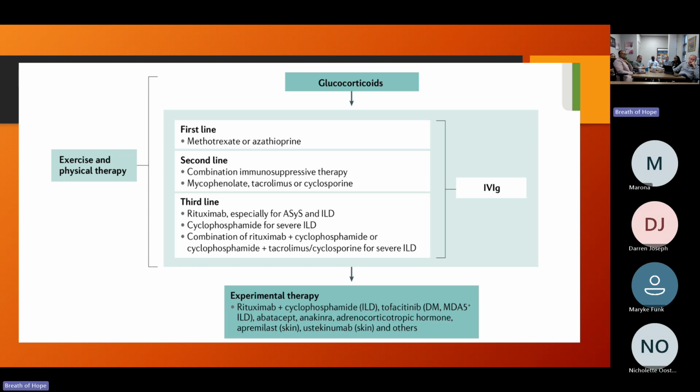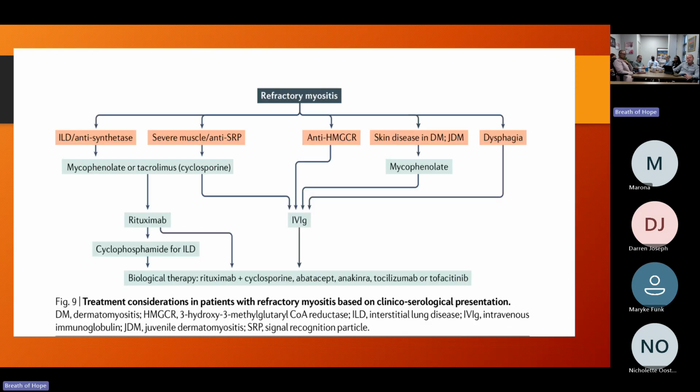All right, so don't forget about that. In terms of biologics, the only drug that's really coming through that seems to be of use is the JAK inhibitor, tofacitinib, and we can use that in the MDA5 group. These are for if your patient becomes refractory.